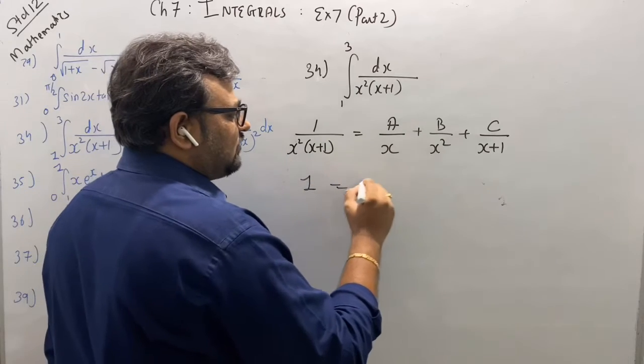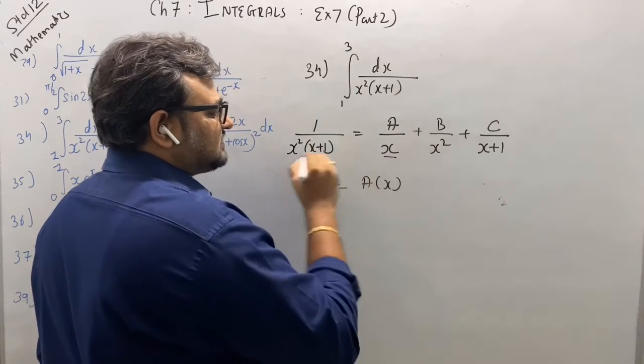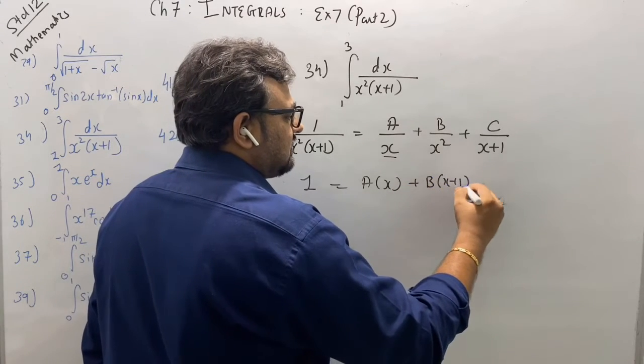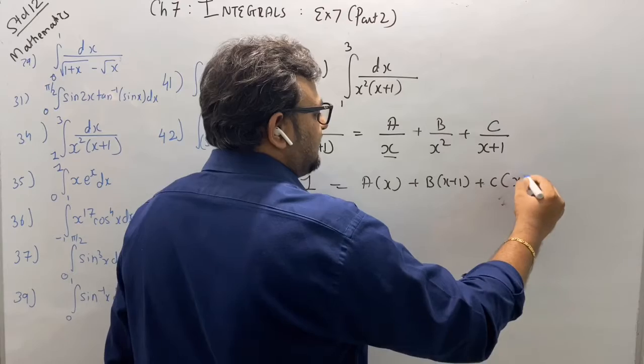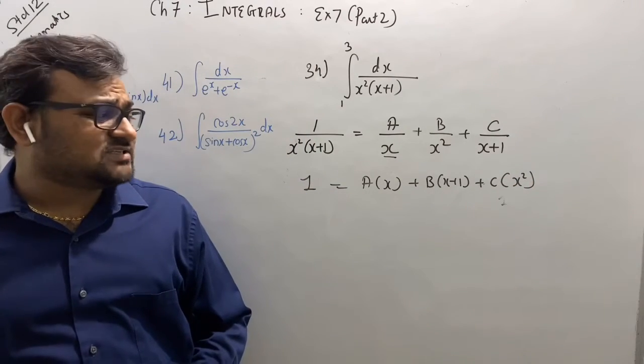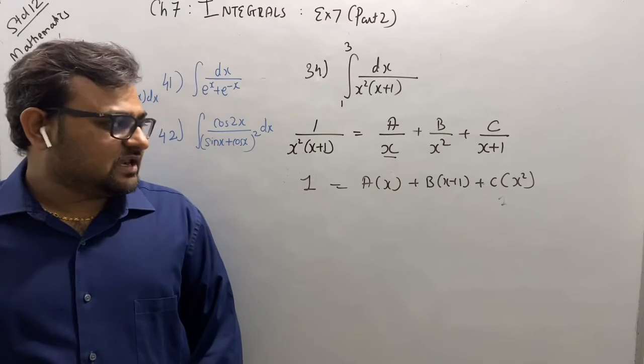So 1 will be equal to a x(x plus 1) plus b(x plus 1) plus c x square, right? Take the value of x as 0, you will get the value of b. Clear?